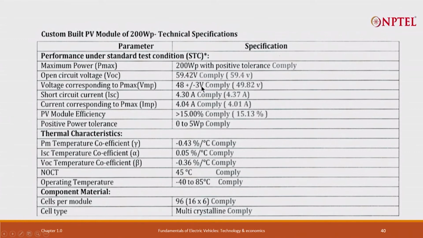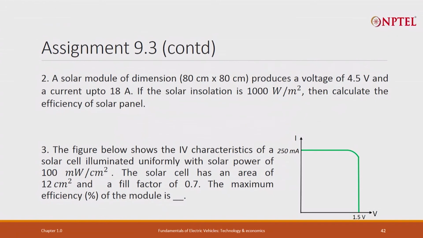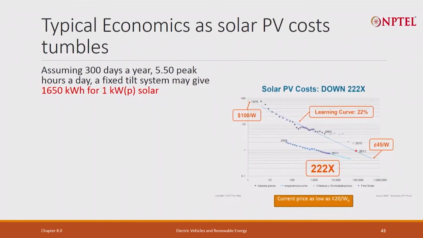Power at maximum voltage is this, short circuit current is this, current corresponding to maximum power is 4.04, efficiency here is greater than 15%, positive power tolerance is this, it can give extra power, and these are the thermal coefficients, minus 0.43% per degree centigrade, the operating temperature therefore is this, and cells per module. I am still missing the factor L. So, this is an assignment, please go through it.